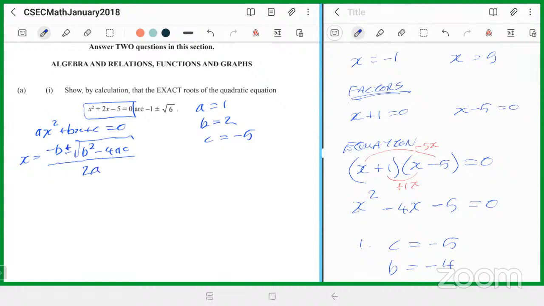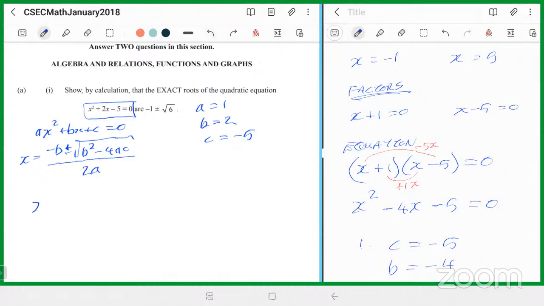A lot of persons make the mistake, as I've said before, of putting only this part over the 2a. It's a common mistake. Let us not make that mistake in this class.